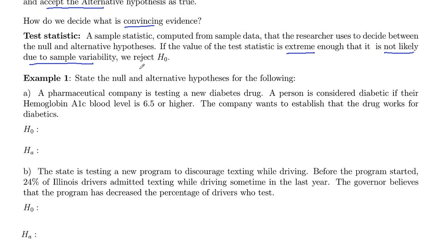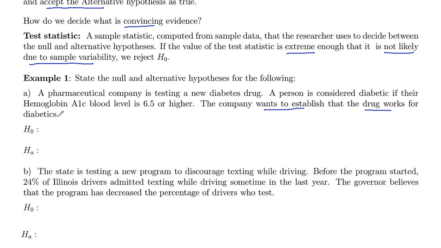Well, let's first just formulate some null and alternative hypotheses. In this first example, a pharmaceutical company is testing a new diabetes drug. Persons are considered diabetic if their hemoglobin A1C blood level is 6.5 or higher. The company wants to establish that the drug works for diabetics.